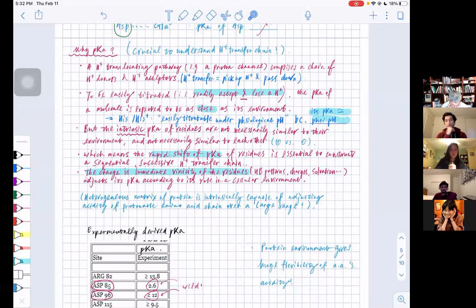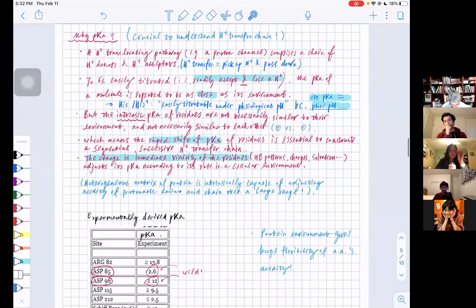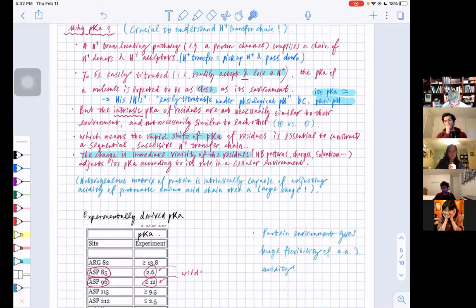So in order to be easily titrated, the molecule's pKa needs to be close to that of its environment. You can think of histidine, which has a pKa similar to the physiological pH.